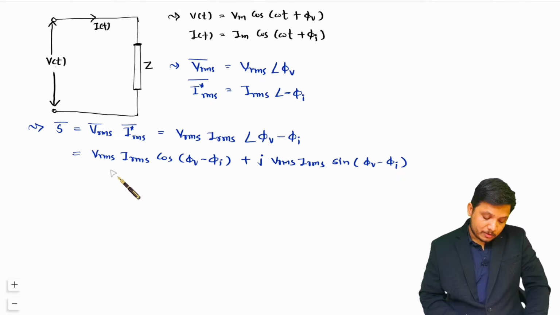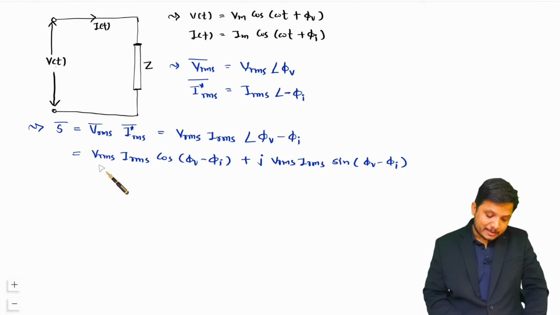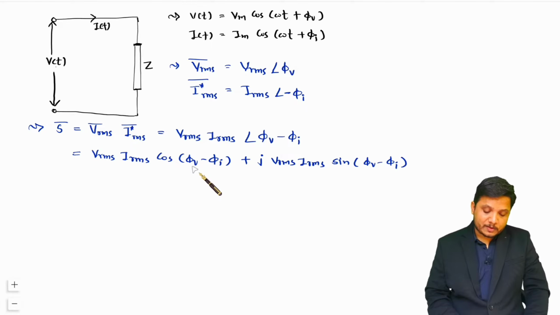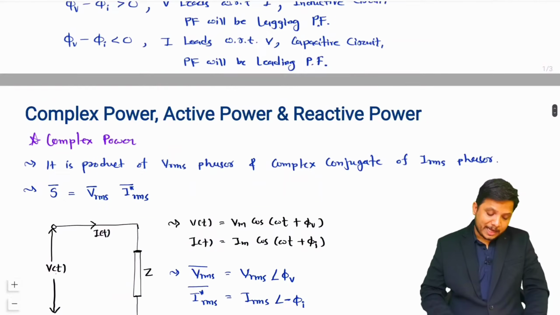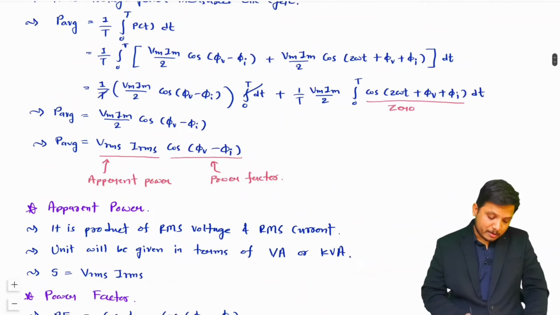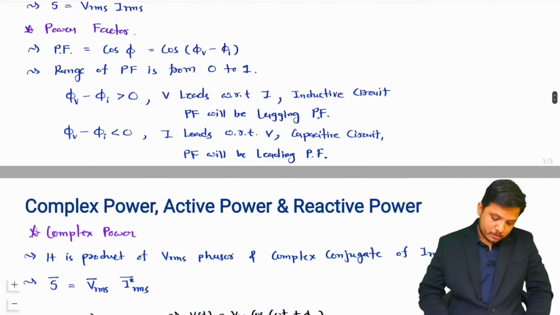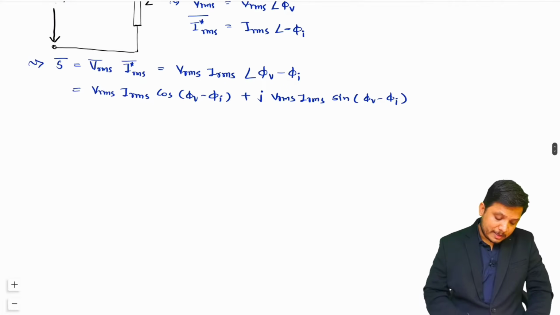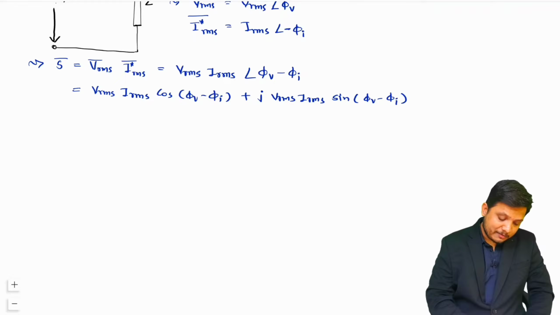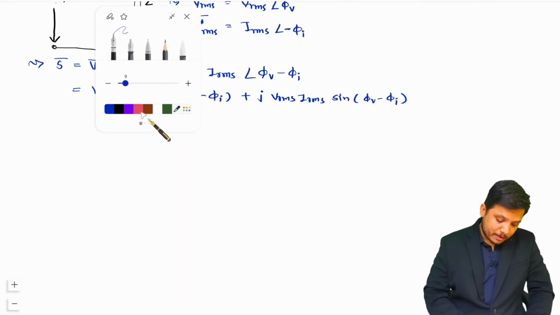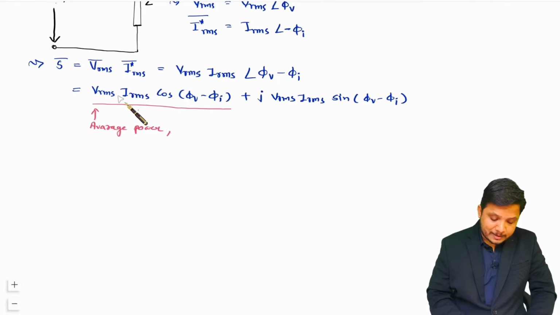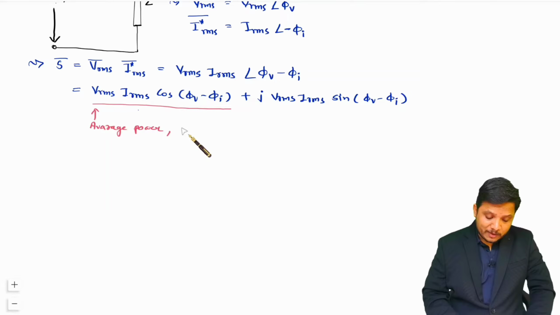Now if you observe the real component, that is Vrms Irms cos of (phi v minus phi i). In my previous video I have already explained what is average power, and that is Vrms Irms cos of (phi v minus phi i). So this real component is referred to as average power, and as it is the real component, it is also referred to as real power.